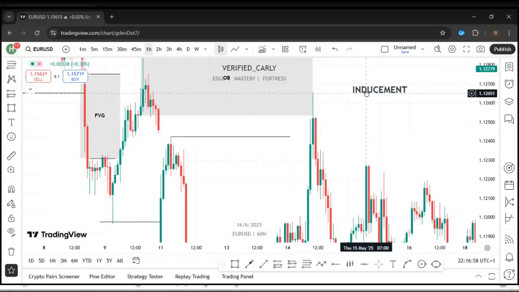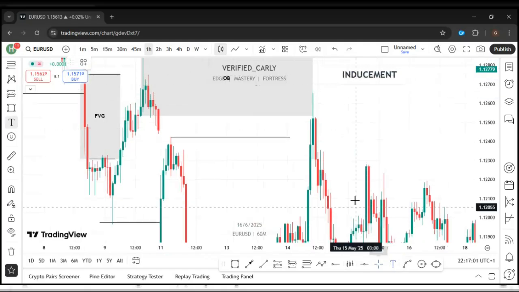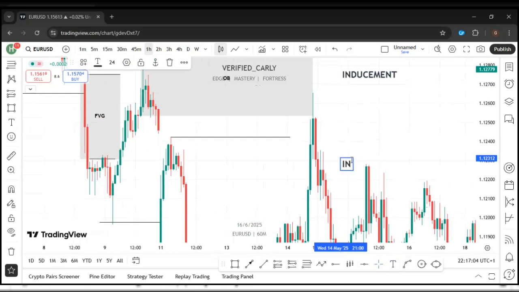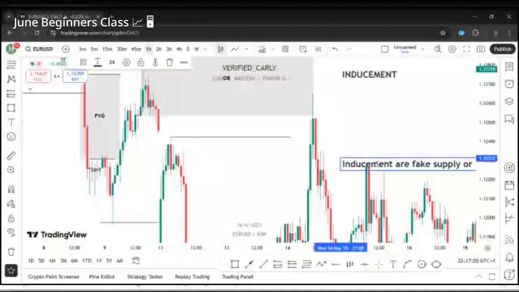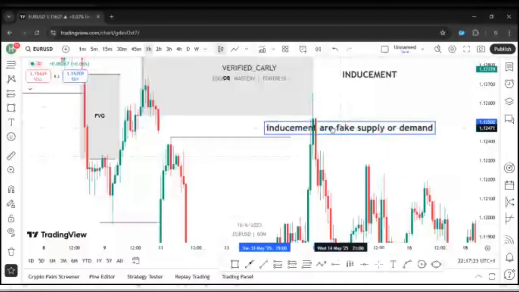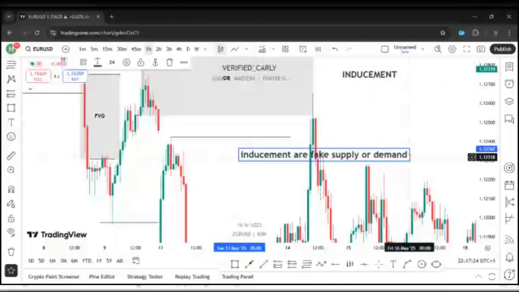Well, inducements are thick supply or demand, a fixed supply or demand, where the market is trying to lure retail traders into entering.